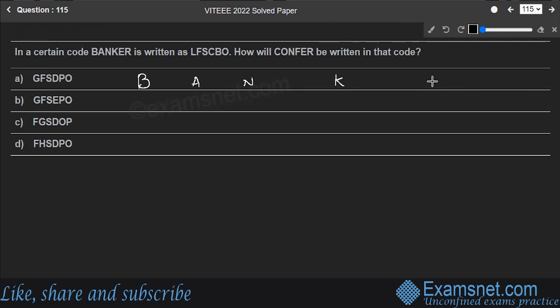Here's the word banker. Banker has been split up into two parts. This portion shifts here and ban shifts here. The positions are interchanged.